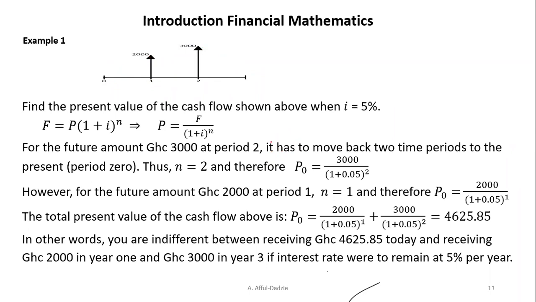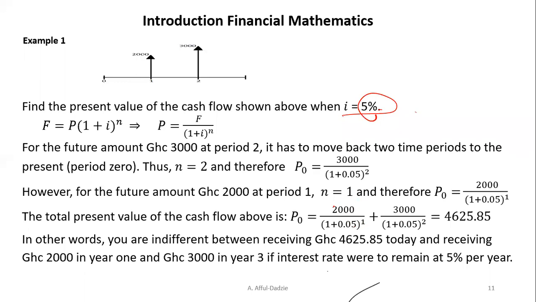All right, so if I'm expecting these cash flows, 2,000 and 3,000 in years 1 and 2, I want to know how much this combined would be today. It is just saying take 2,000 over 1 plus 0.05, assuming that the interest rate is 5%.